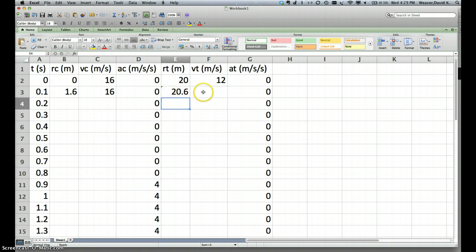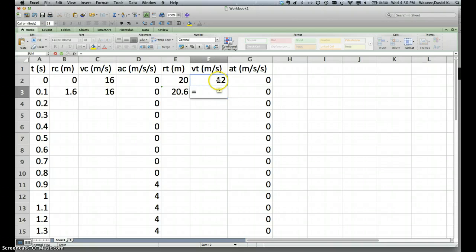And then we do the same sort of thing for the velocity of the truck, because we know the velocity of the truck in the future is equal to its velocity in the past plus the acceleration times the time interval.